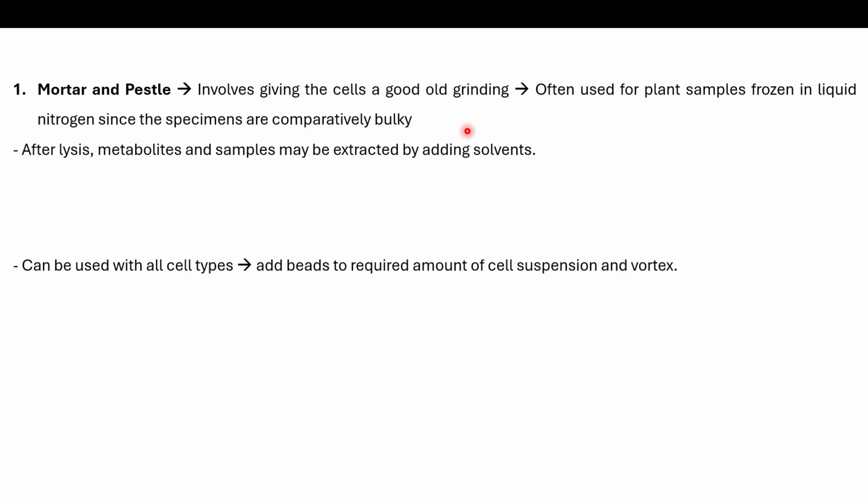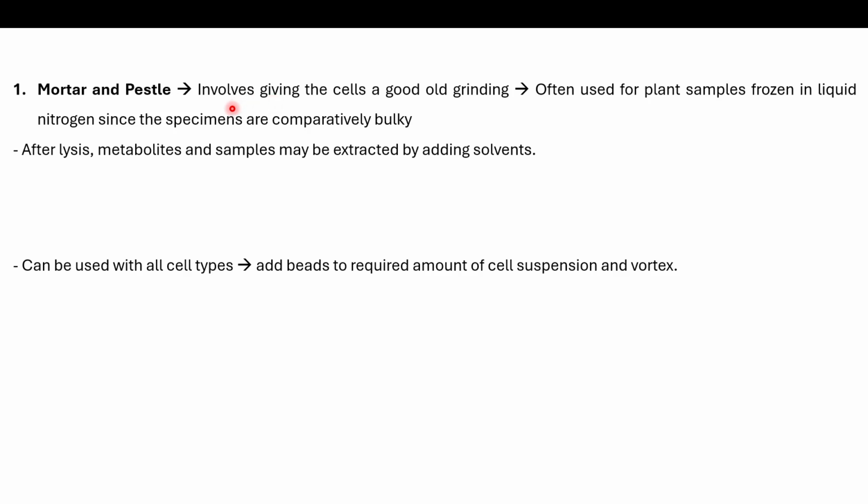Cells can be lysed using different kinds of procedures. One very conventional and old way of doing it is mortar and pestle. We looked at in the previous tutorial that you have the whole cell suspension, you pellet down the cells, and then you have the cell pellet there.